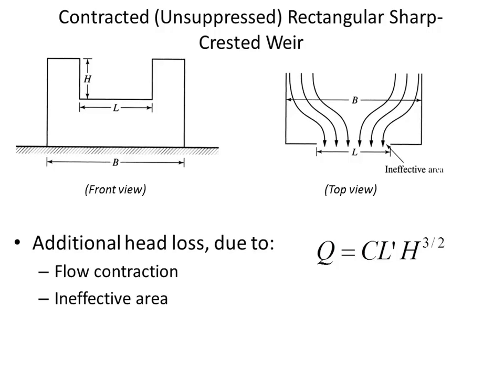The formula to find the effective length accounts for the effects of contraction, and it's simply a function of how high the water is relative to the length of the weir. And so you can calculate L prime with this formula here and then find the flow rate through an unsuppressed weir.